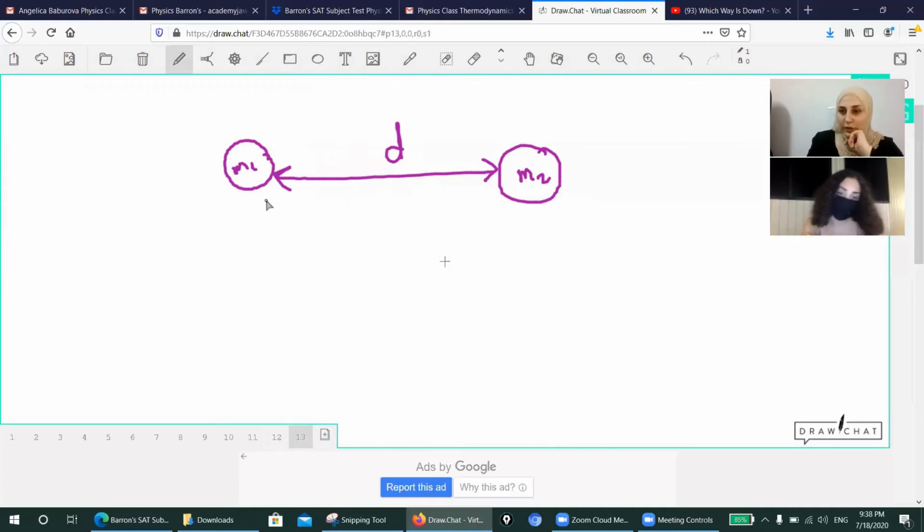So let's calculate the force of gravity between two girls, a 50 kilogram girl and a 60 kilogram girl, and compare that force with their weights, the force of gravity on them.